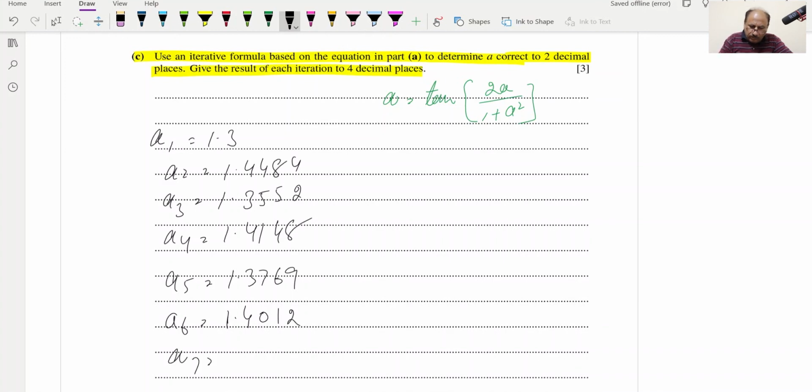They are saying 4 decimal places, yes, 4 decimal places we are taking, and the answer will be for 2 decimal places.